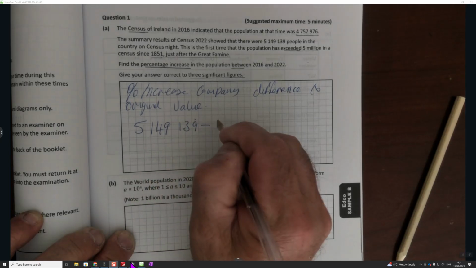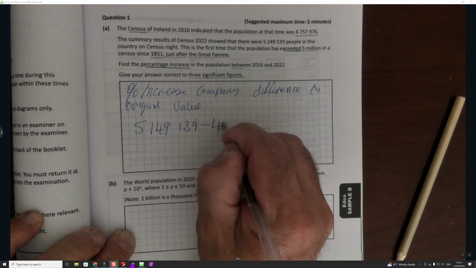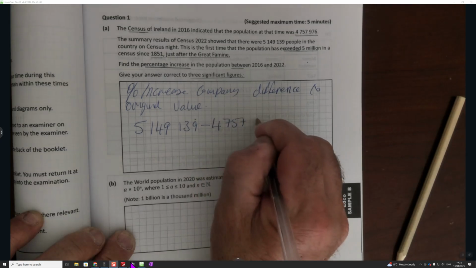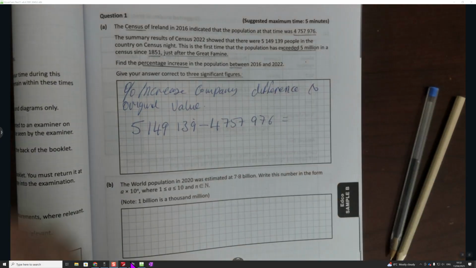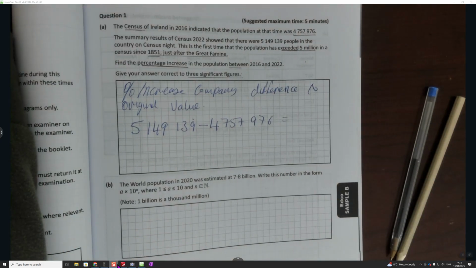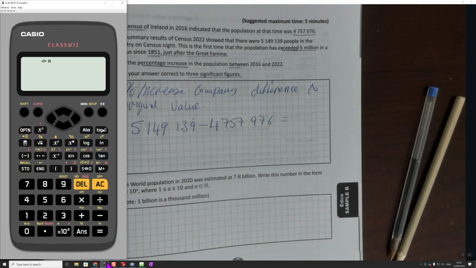The difference is the new number, take away the old number, 5,149,139 minus 4,757,976. Now let's calculate that using our calculator. Here's the number 5,149,139 minus 4,757,976.